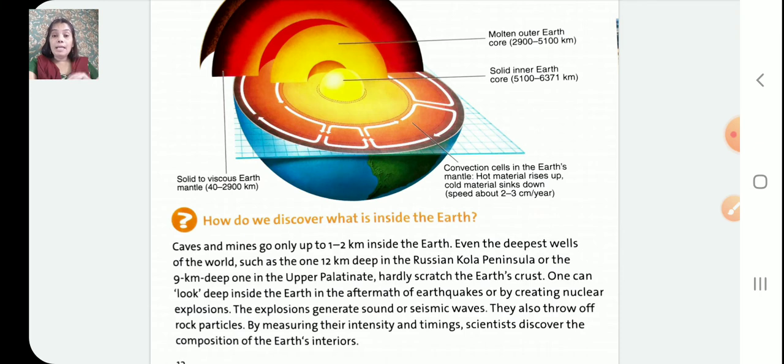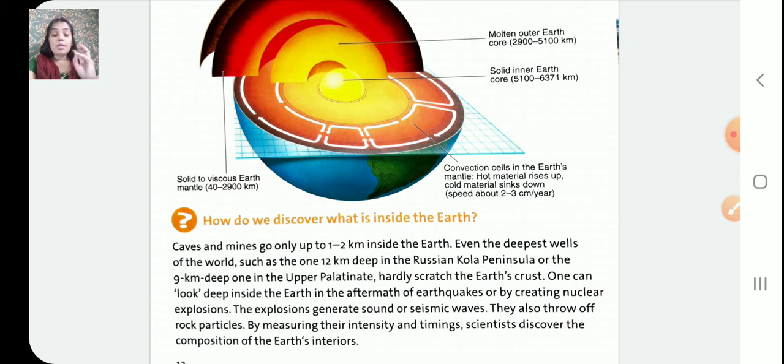Or by nuclear explosion. They burst the nuclear bombs. You know what nuclear bombs are. So by the nuclear explosion or by the earthquake, we know what is there inside the earth. Scientists discover the composition of the earth's interior.